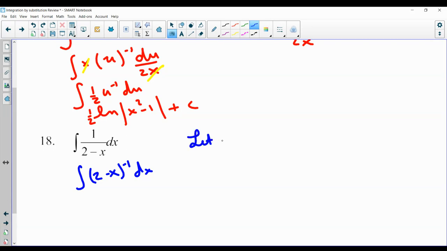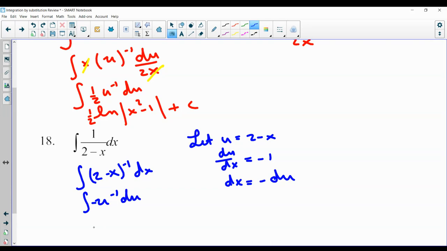But if you noticed, let u be 2 minus x. du/dx is negative 1. I'm actually off by a negative. It's that coefficient again. So dx is negative du. So I'm integrating u to the negative 1, and there's a negative du. I'll put the negative right there. So this is negative ln. I'm just going to put the replacement in all in one step.